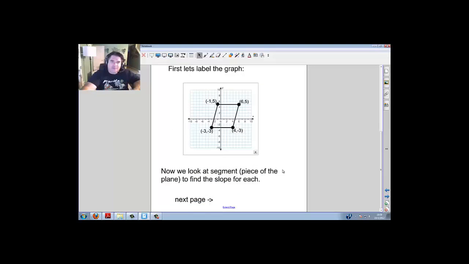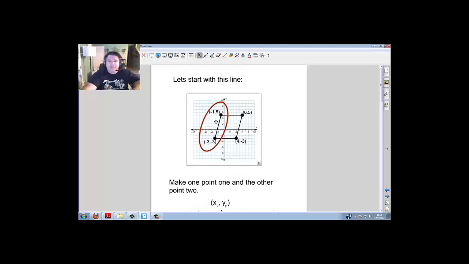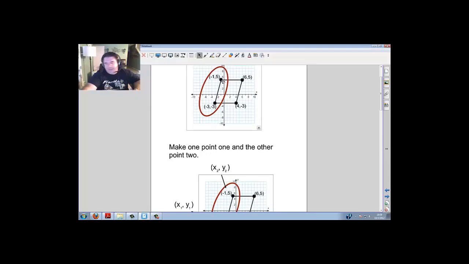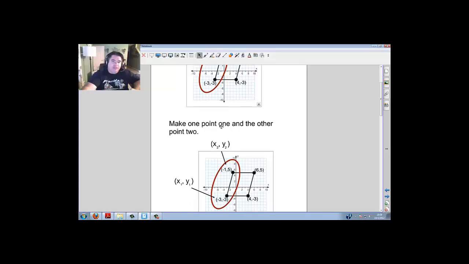Now we look at each segment, piece of the plane, to find the slope for each. Here's all you have to do. So I'll take from this guy to this guy. Remember, if I pick 2 points, it doesn't matter which one's the x2, which one's the x1, which one's the y2, which one's the y1. So I'll assign these as x1 and y1, these as x2 and y2.